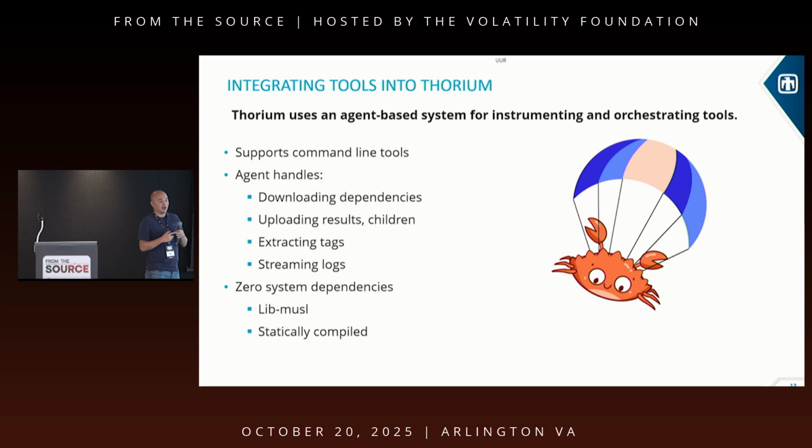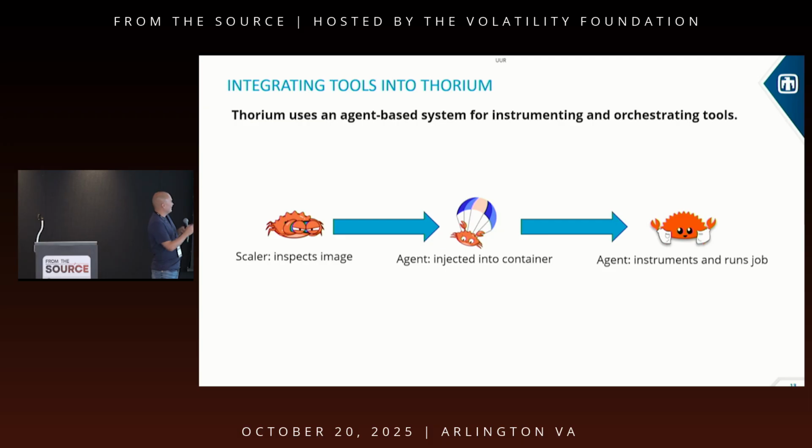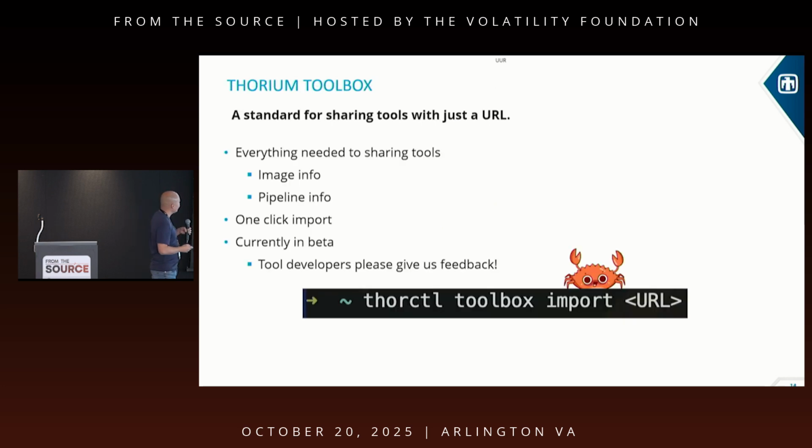We can come back with problems, here's the standard out, go and solve that. So, basically, Scalar gets your Docker image, inspects it, injects the agent. At runtime, we don't build a Docker image on top, and then the agent gets told to go.